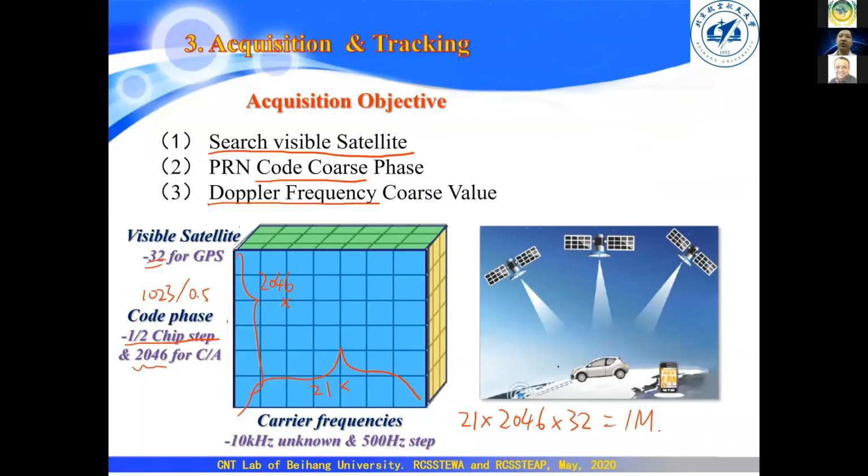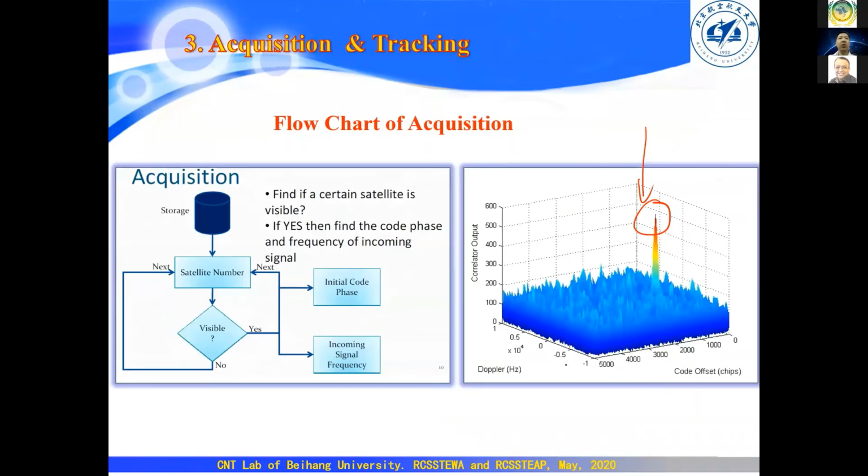Only when you do the total 1 million searches will you know which satellite is on your head. So what we need to do is search this region and find the peak. Only when you have the right code phase and the right Doppler will you find this peak.